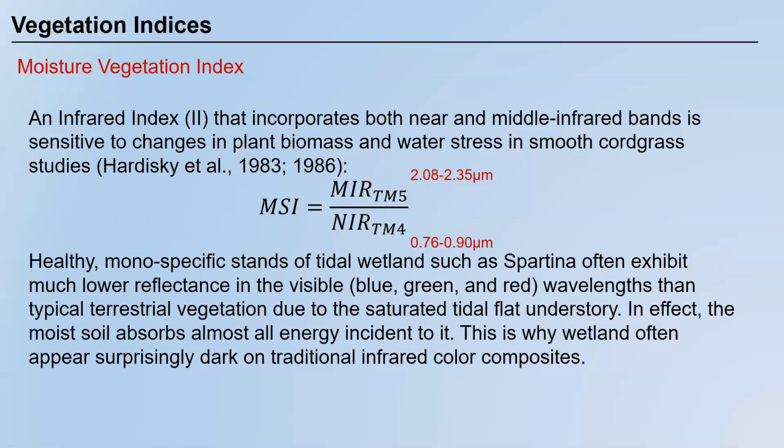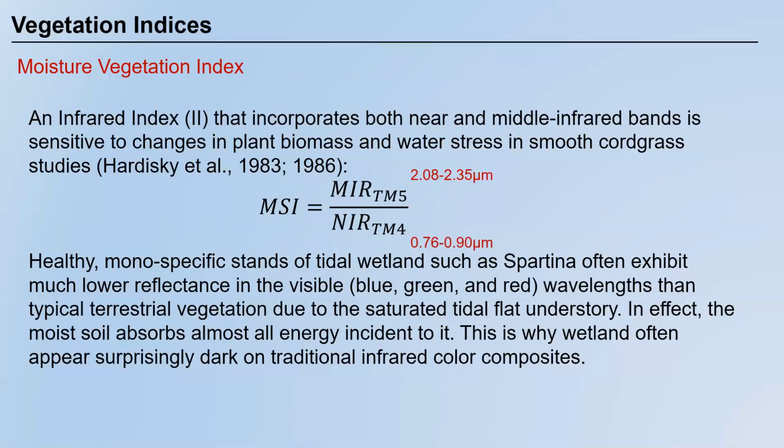That's a very general, very simple analysis for this specific index, the moisture stress index. It is simply using MIR reflectance and near infrared reflectance to address water stress of a specific plant or a specific type of vegetation.